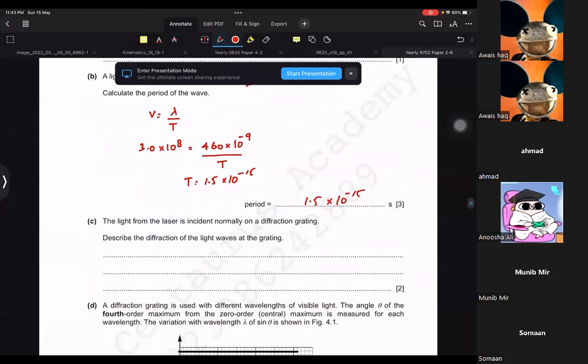Okay, here. Now, the light from the laser is incident normally on a diffraction grating. Describe the diffraction of waves at the grating. Now, this is basically just the definition of diffraction. For 1 mark, you say waves spread when they pass through a narrow slit.